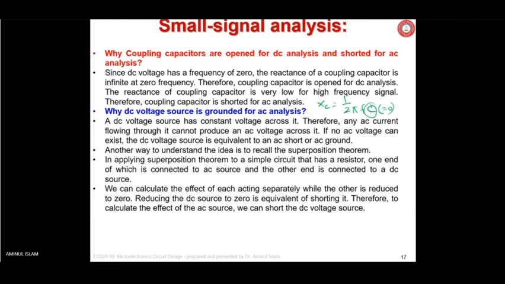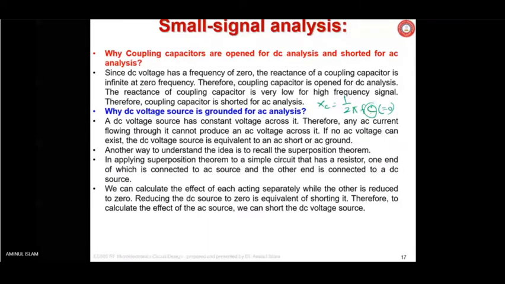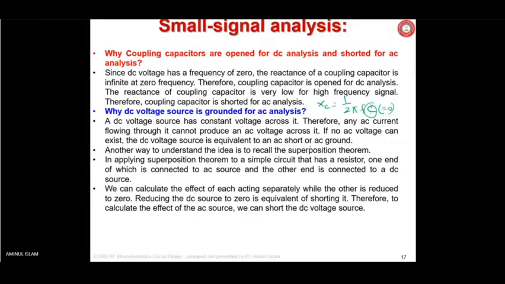If no AC voltage can exist, the DC voltage source is equivalent to an AC short or AC ground. Meaning to say, a DC voltage, say 12 volt or 5 volt or 1.5 volt. One pencil cell is 1.5.